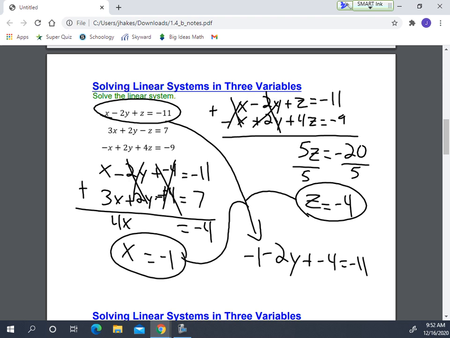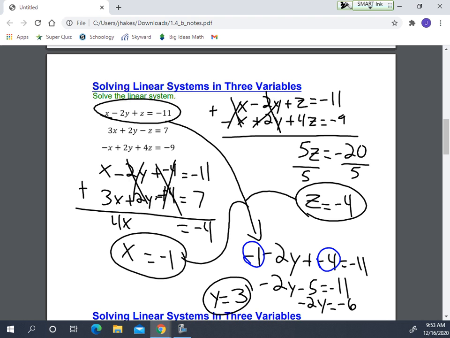I can combine like terms, -1 and -4, so I get -2y minus 5 is equal to -11. Add 5, I get -2y is equal to -6. And if I divide by -2, I get y is equal to a positive 3.